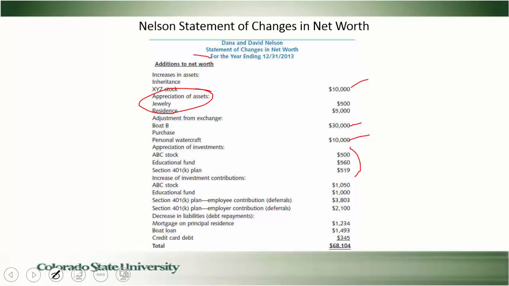So this first section is all additions, all the types of things that add to the net worth of the Nelsons. These are boat loan, these are debt payments or debt liabilities that are going down because of repayment. So all of these activities actually contributed to increase their net worth by $68,000 and some change.